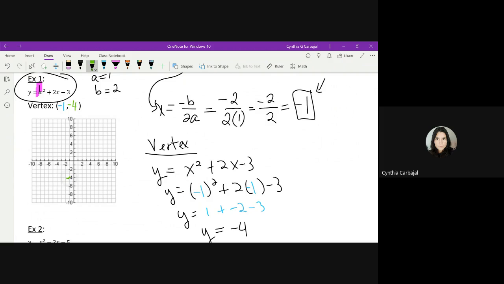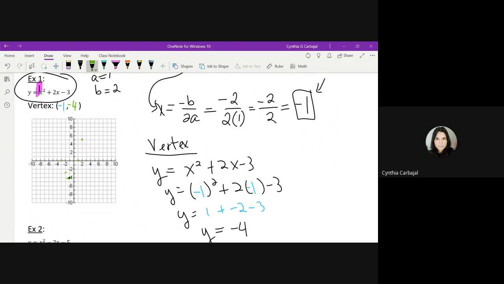So -1, -4 goes here, then up 1 over 1, over 2, up 4. So that would be here. And then over 3. And I'm always starting from the vertex here. So to the right 3 and up 9. So that would be 1, 2, 3, 4, 5, 6, 7, 8, 9 would be here.